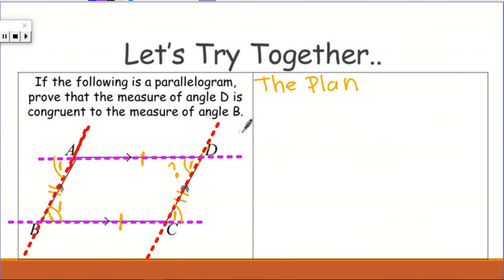And then I can go about and do the same thing for these angles on the inside here. So the plan of what I'm going to say is the measure of angle ADC is going to be congruent to the measure of angle DAB by corresponding angles, because that's a transversal.